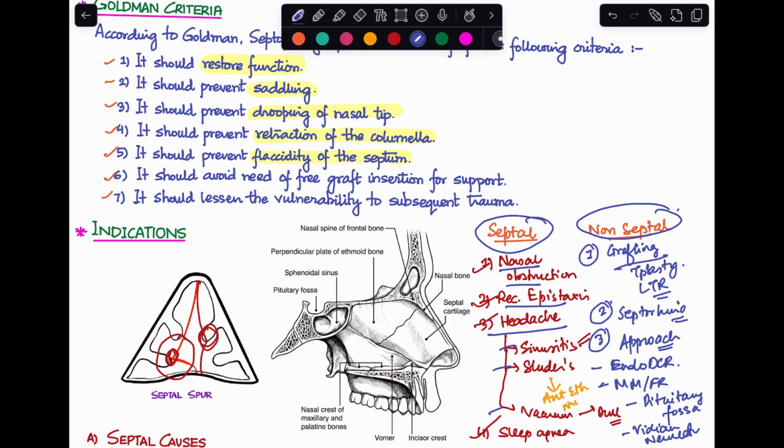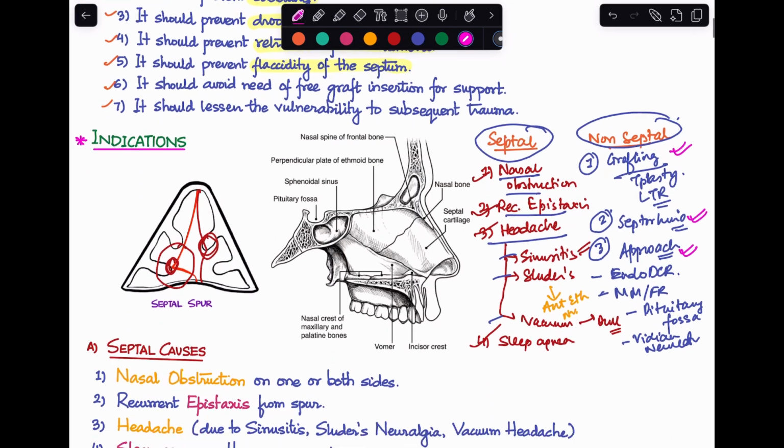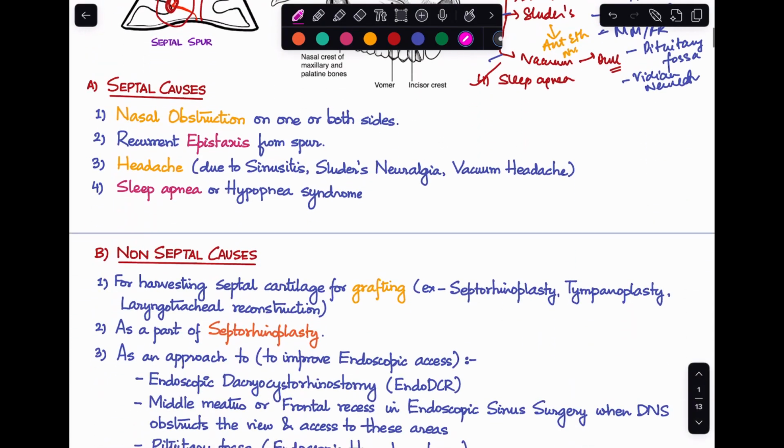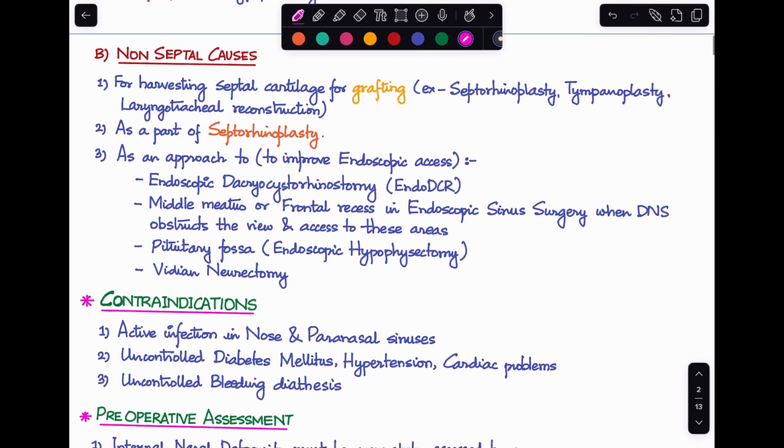Non-septal causes would be one is to harvest the cartilage as a graft for other surgeries, to do it as a part of septorhinoplasty procedure, or the third one is to improve endoscopic access. It acts as an approach to other surgeries like endo-DCR or endoscopic sinus surgery or pituitary fossa or Vidian neurectomy. So these are all the indications of septoplasty.